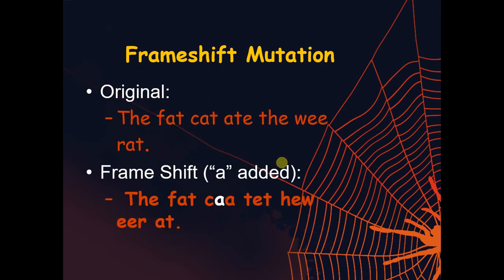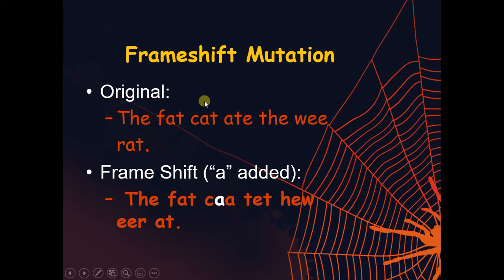So let's take a look. Here is an original sentence made up of three-letter words, just like you can view each codon as a three-letter word. The fat cat ate the wee rat. Now, if we inserted a nucleotide, an A, look what happens.